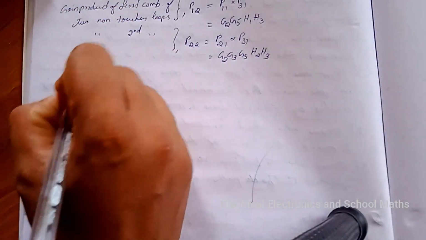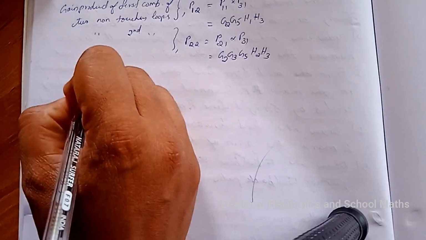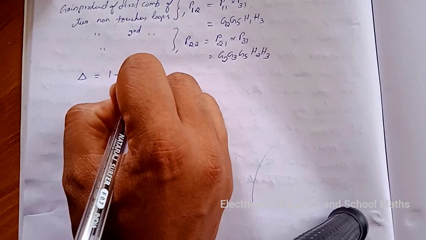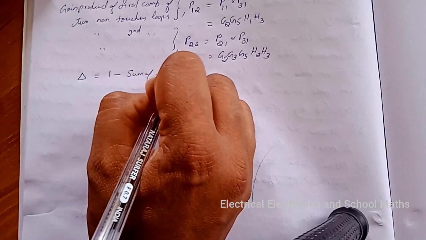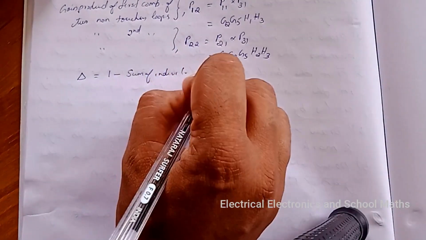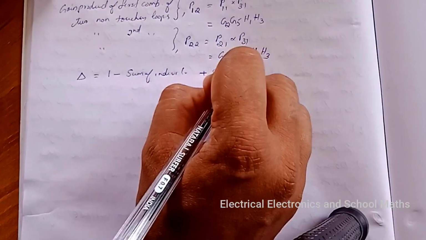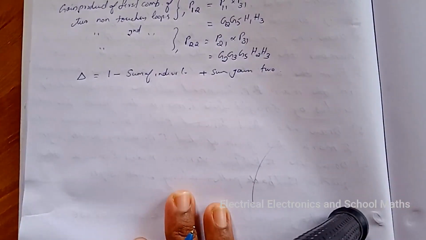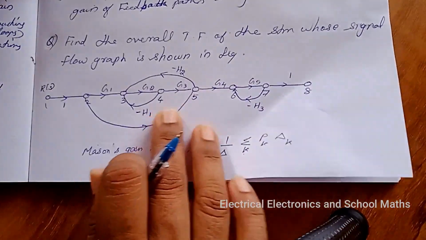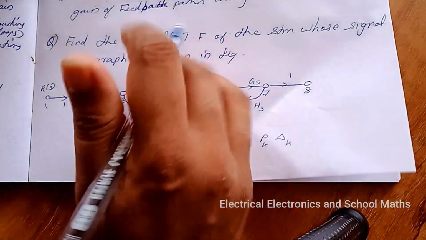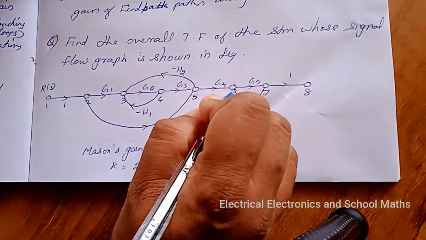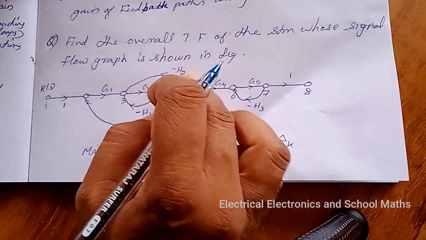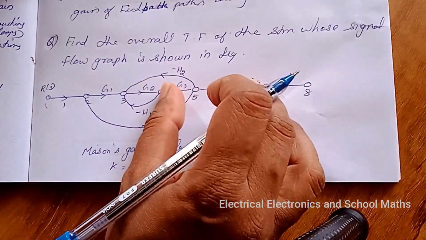Next we have to find the values for delta and delta k. Delta is equal to 1 minus the sum of individual loop gains plus the sum of gain products of two non-touching loops. Is there any three non-touching loops? Only three loops are there, and two of these are non-touching, so there are no three non-touching loops.